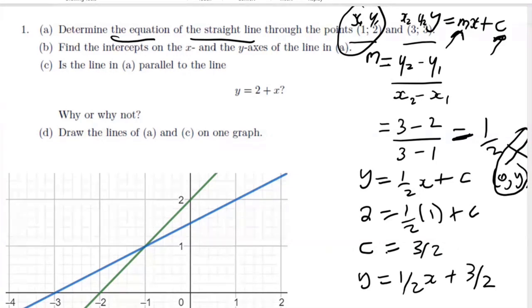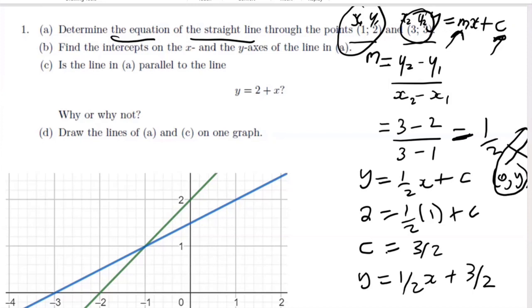If you decide, you don't really have to use this one. You could have decided to use this one, and you would still get the same equation. You can try that. It's not going to take you long. Let's try it. If we try these coordinates, we substitute this coordinate here.